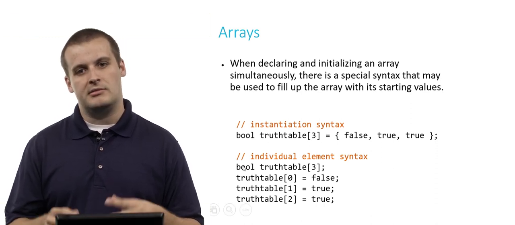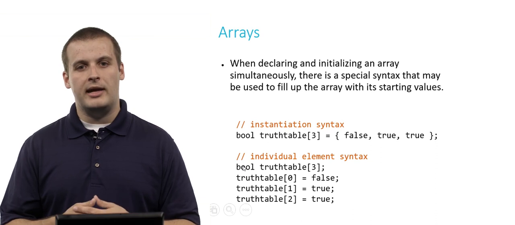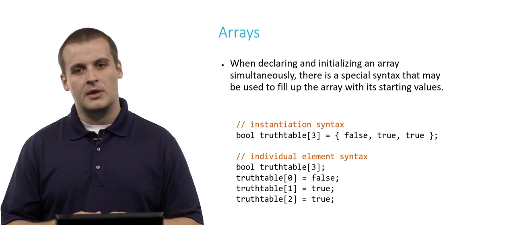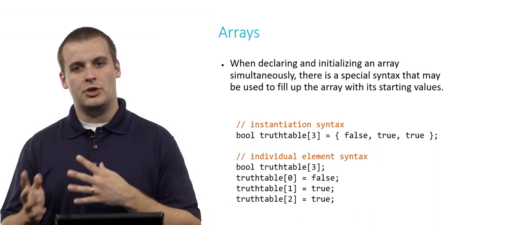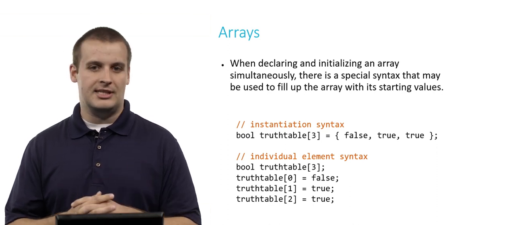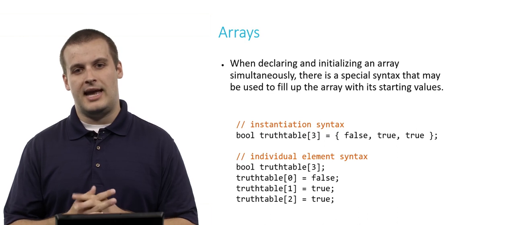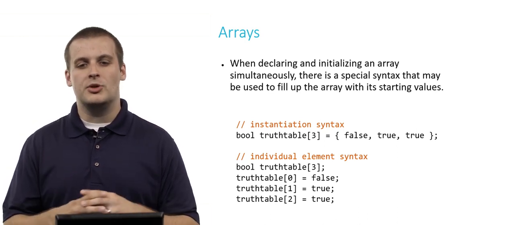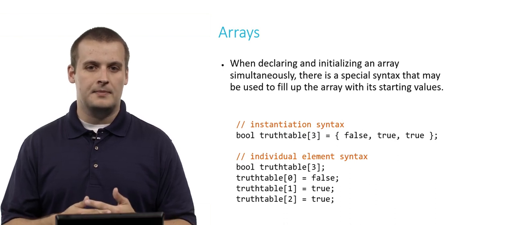Then close curly brace, semicolon. This creates an array of size 3 called truth_table with elements false, true, and true. And in fact, the instantiation syntax I have here is exactly the same as doing the individual element syntax below. These two ways of coding would produce the exact same array.